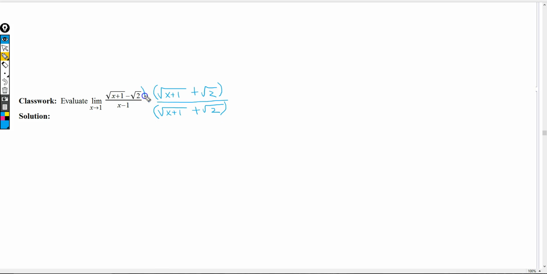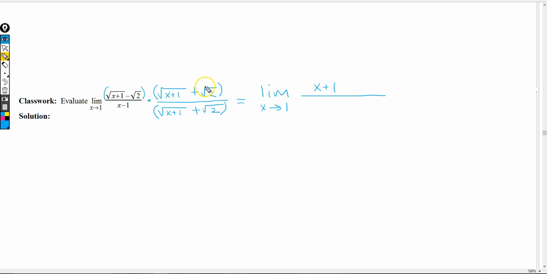Now when I FOIL out the numerator, what we're going to get is the limit as x approaches 1 of x plus 1, and then of course the two middle terms are going to cancel.